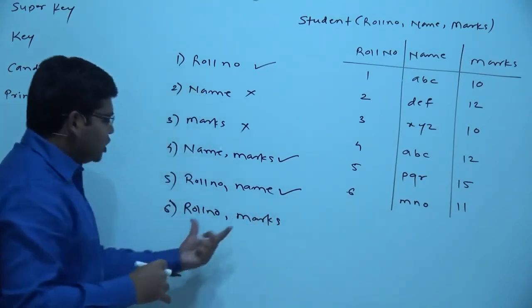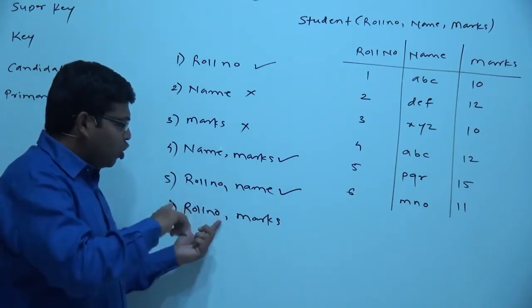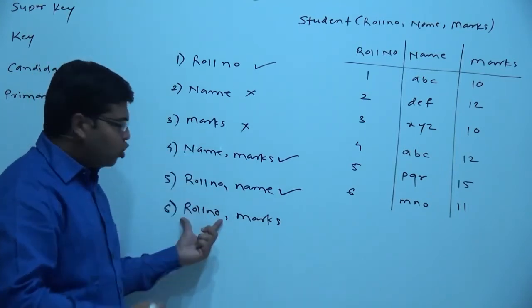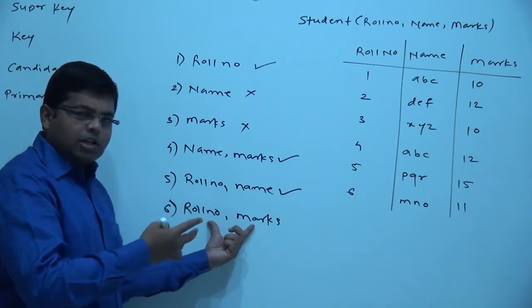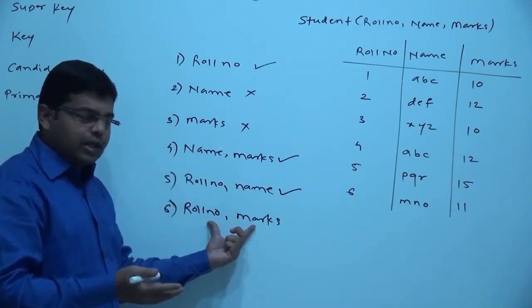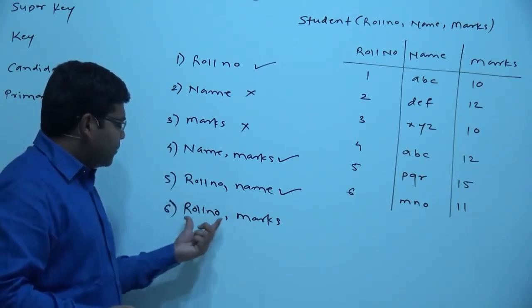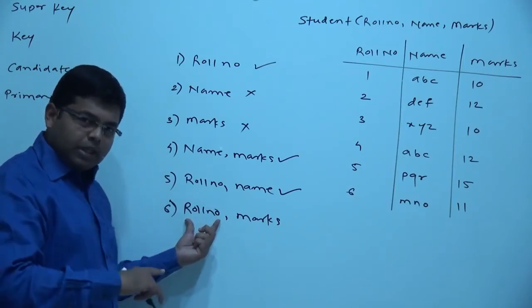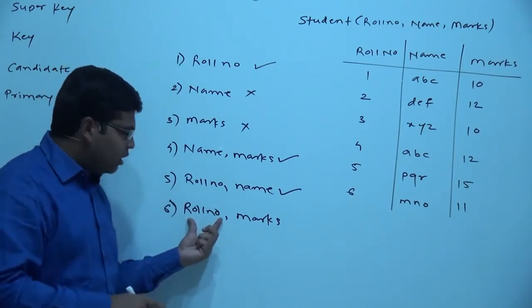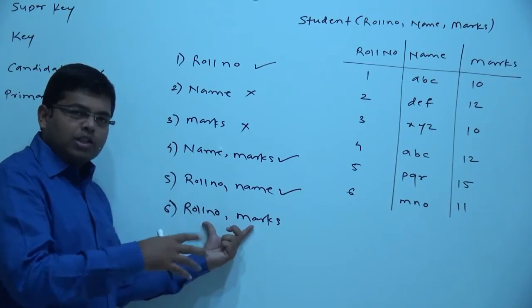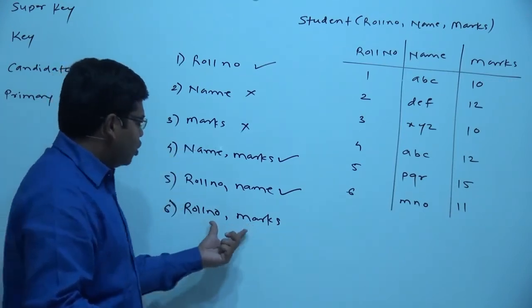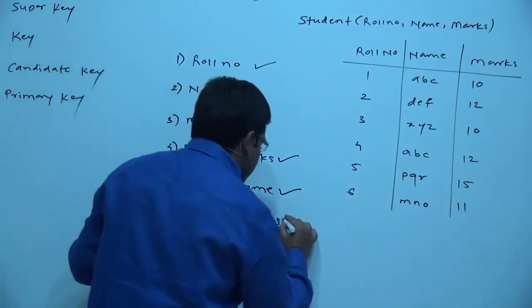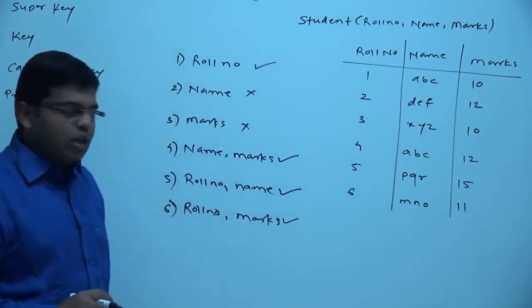Now again we can use similar reasoning. Roll number alone can uniquely identify the row, and that's why roll number and marks together can also uniquely identify the row. Or what we can say, because roll numbers are not repeating, because all the roll numbers are different, the combination of roll number and marks will also be different, and therefore this particular combination of attributes can be called a key combination.